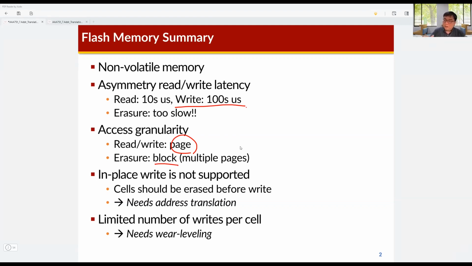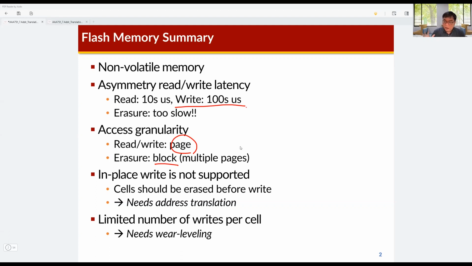We learned why the erase requires a very large granularity compared to the read and write operations. The erase operation on the flash memory requires very high energy. Because this very high energy is applied to the NAND flash memory cells, the data stored inside of the NAND flash memory cell can be corrupted.